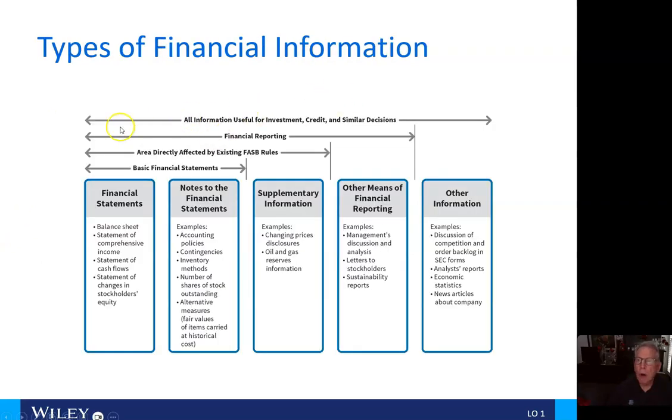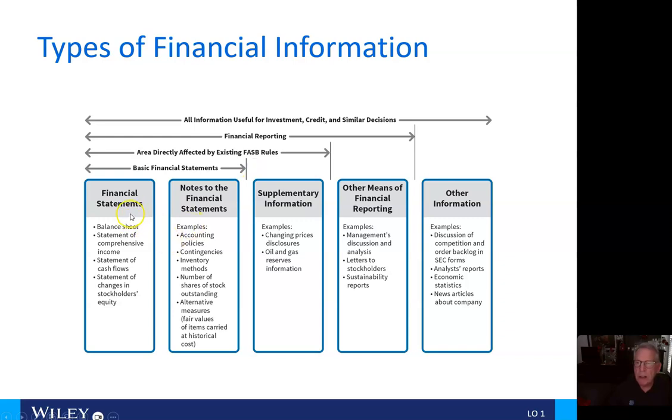All right, so this arrow here represents all the information useful for investment, credit, and similar decisions. And then this arrow represents just the financial reporting, and this arrow represents the area directly affected by existing FASB rules, and then this arrow represents our basic financial statements.